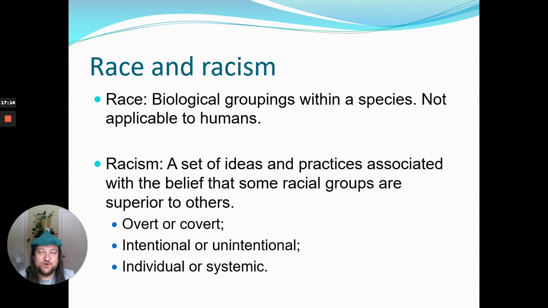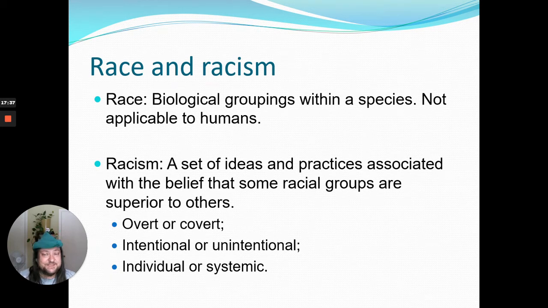Okay? So racism comes into play where you have this set of, it's kind of like a cultural attribute in a sense. Sometimes it can be built into a culture or a society where you have these ideas and practices that are associated not only with the idea that there are races, but that some of those racial groups are superior to others.